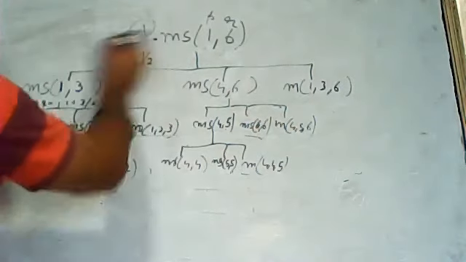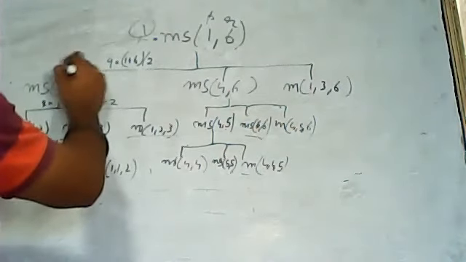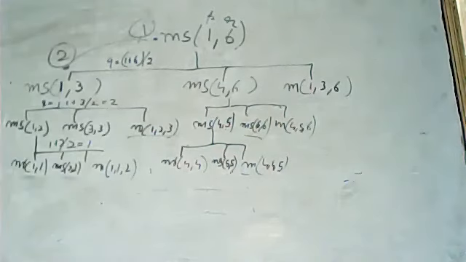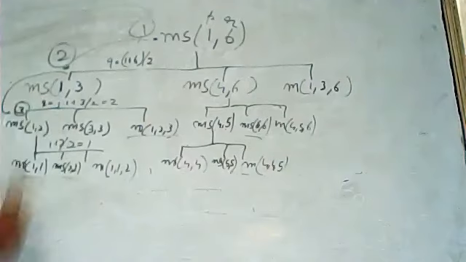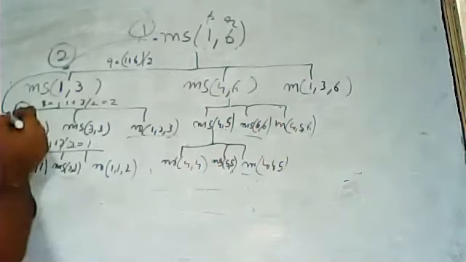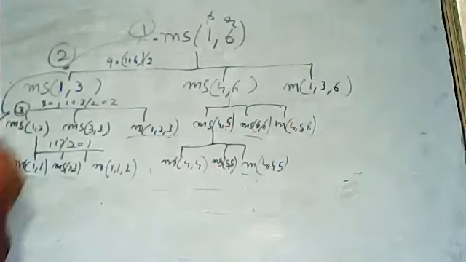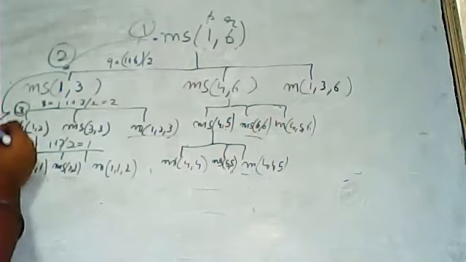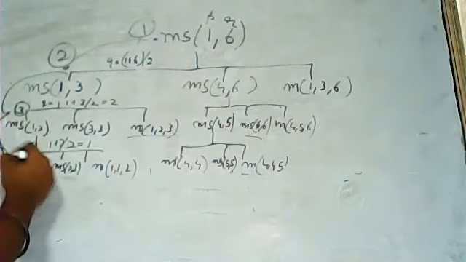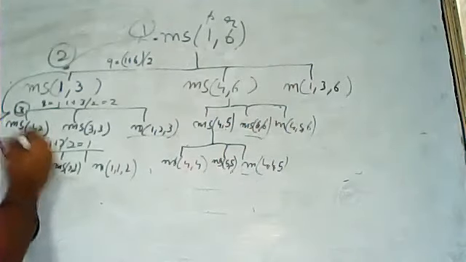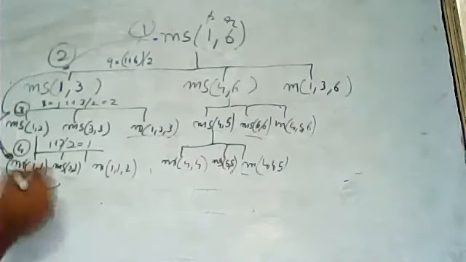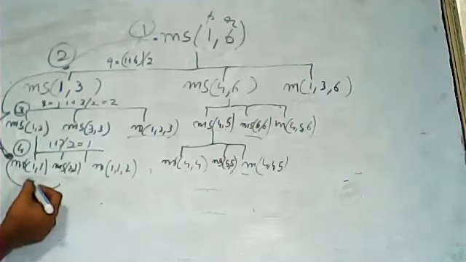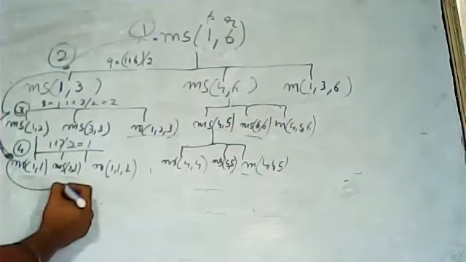Then this one will get executed, so I'll mark it 2 at second position, and then at third position this one will get executed. But we are not finished with 1, 2 and 3, and we'll go to the next function call, because we have to come back to this. So this one is at fourth position, and this one is finished, because here there will not be any further recursion.